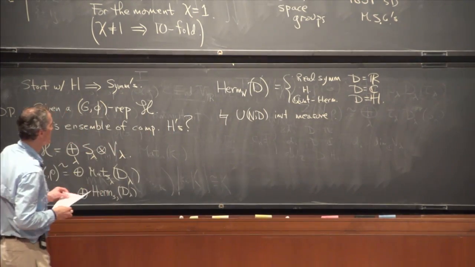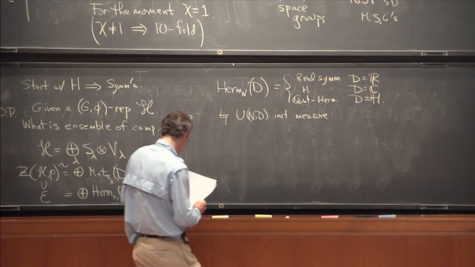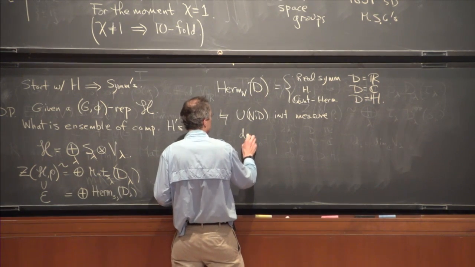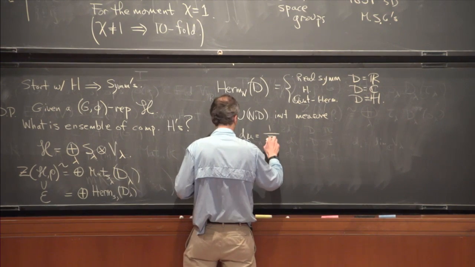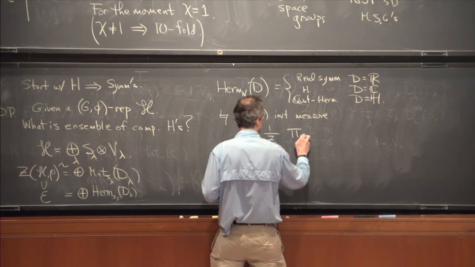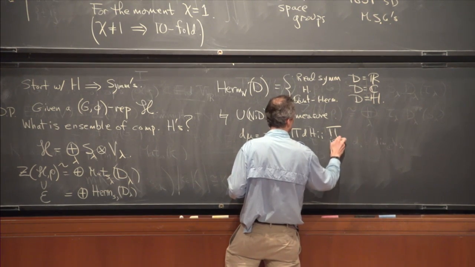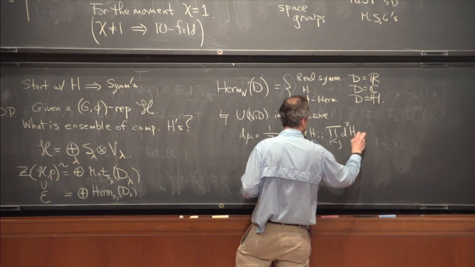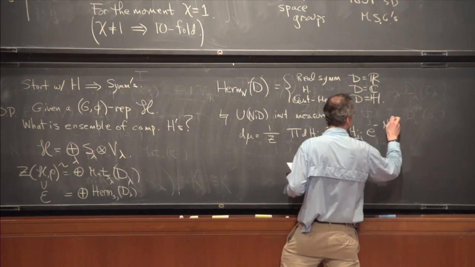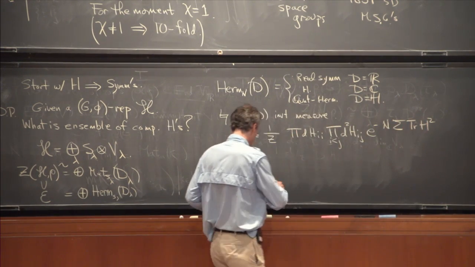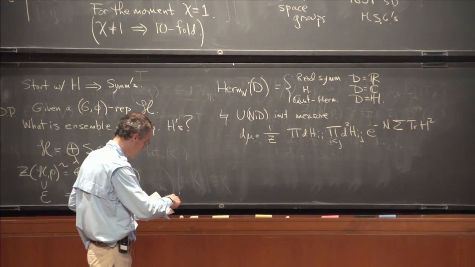If we ask that the matrix elements be statistically independent, then there's more or less a unique choice. For example, for the ordinary Hermitian operators, that measure looks like this. And the other two are similar.